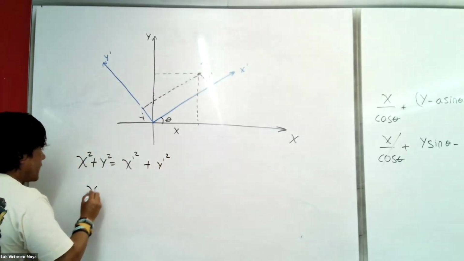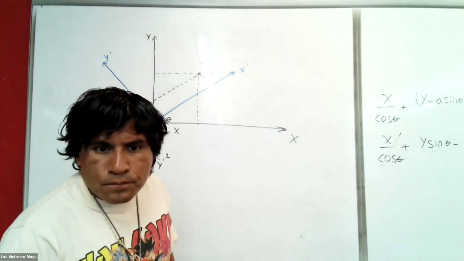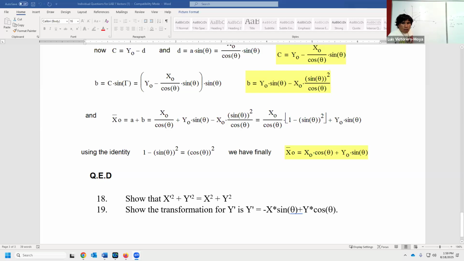They already tell you that x prime is x cosine theta minus y sine theta. That's already given in the sheet.